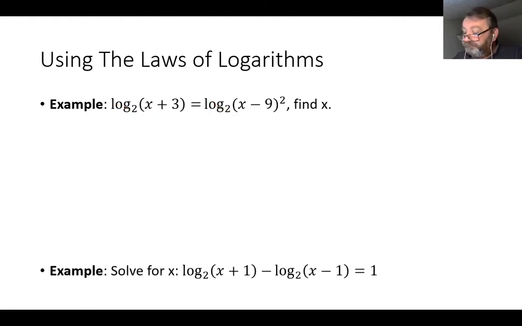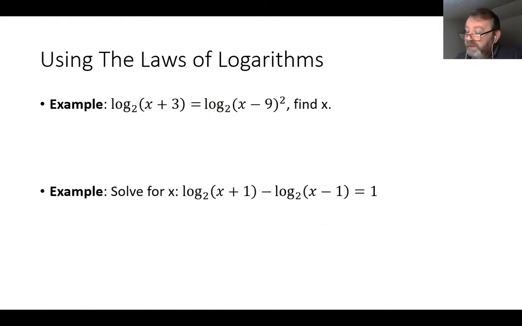Next one. Solve for x: log to the base 2 of (x plus 1) minus log to the base 2 of (x minus 1) equals 1. Now, check. Are the bases the same? Look at the left-hand side. Log to the base 2 of (x plus 1) minus log to the base 2 of (x minus 1). What is minus related to? Minus is related to division.